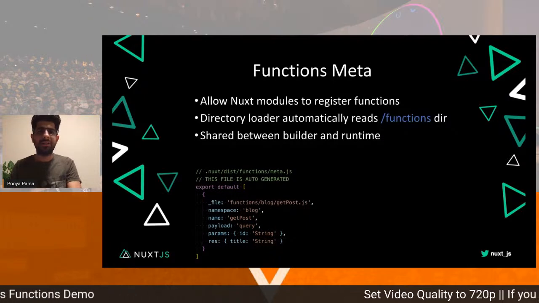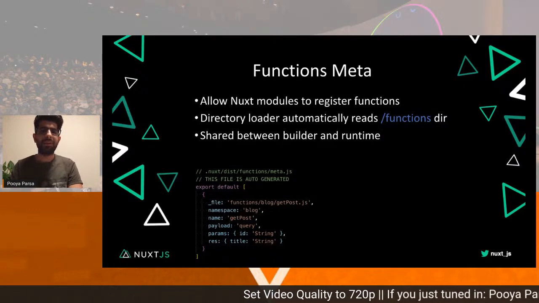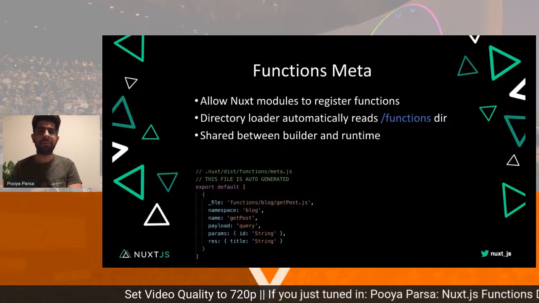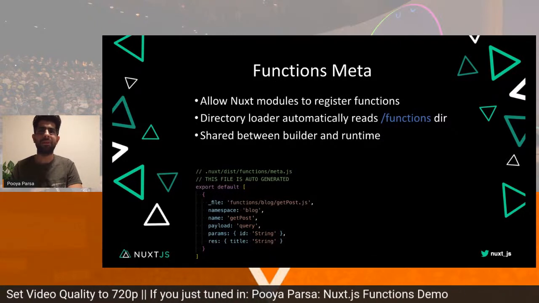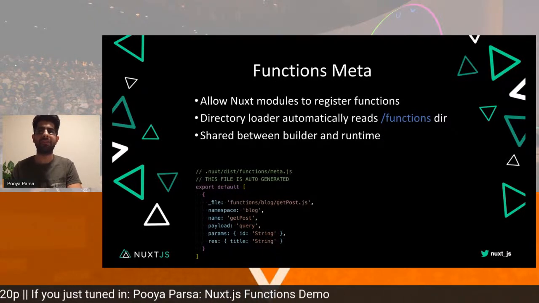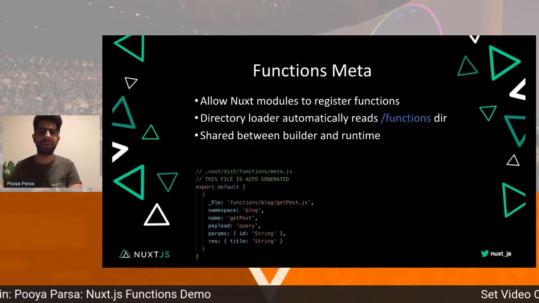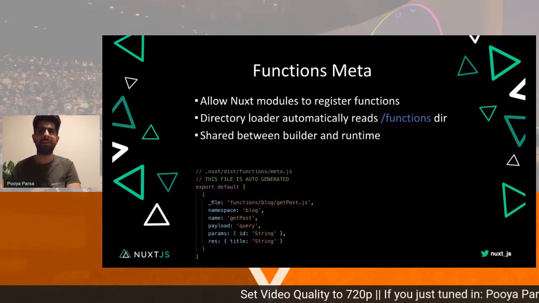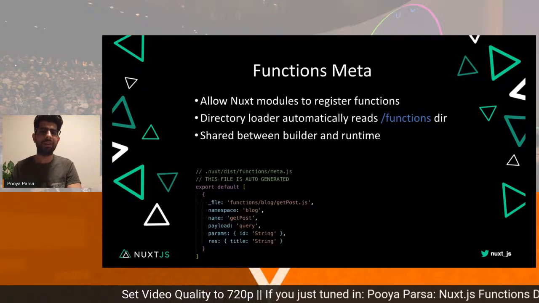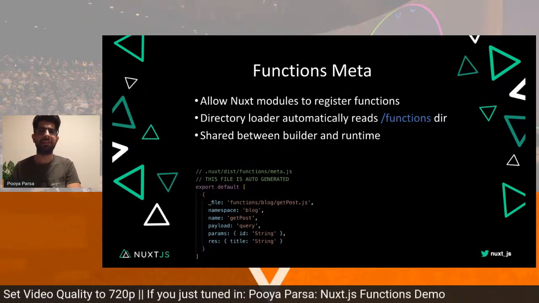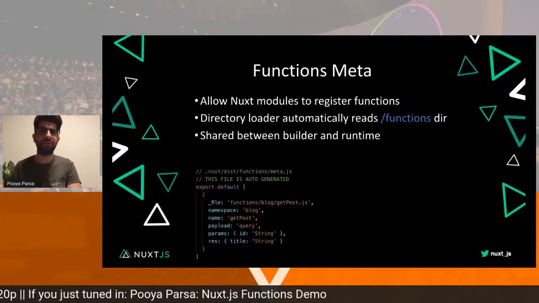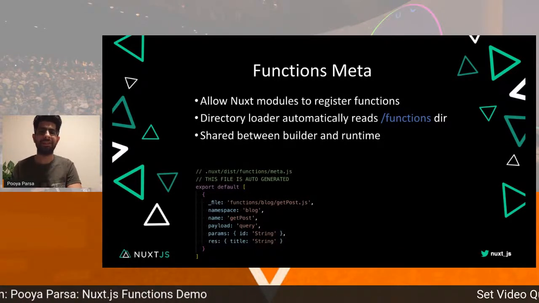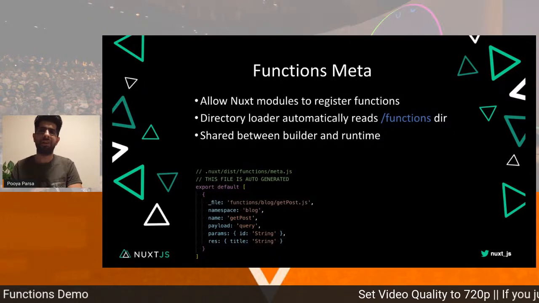This meta is shared between the builder and the runtime because both of them require it. The builder needs it to package the functions bundle, the JavaScript bundle, and the runtime needs it because when you call $functions.namespace.functionName, the runtime needs to know the names of the available functions. So you don't need to put the URL in the function call. You just call them by name.